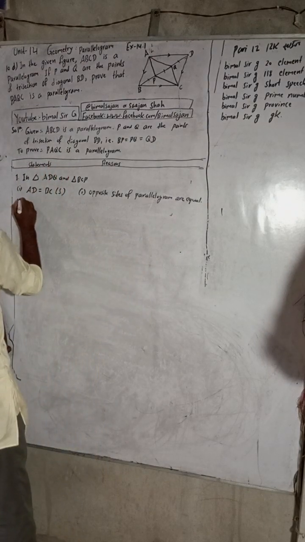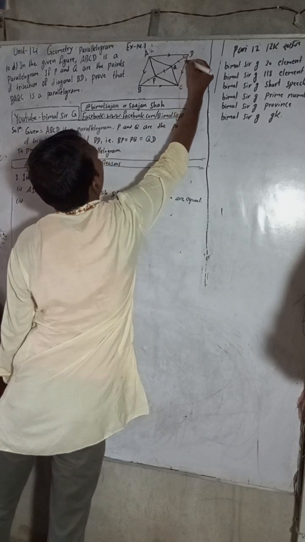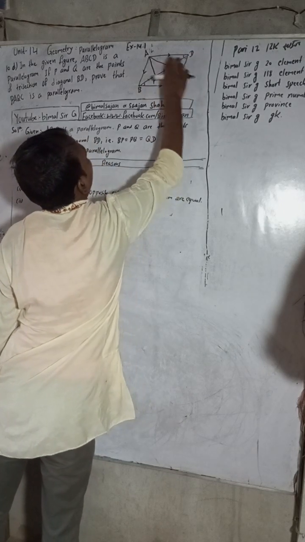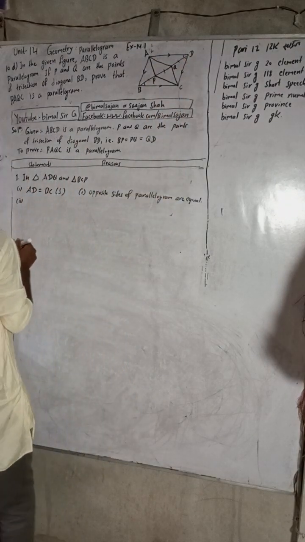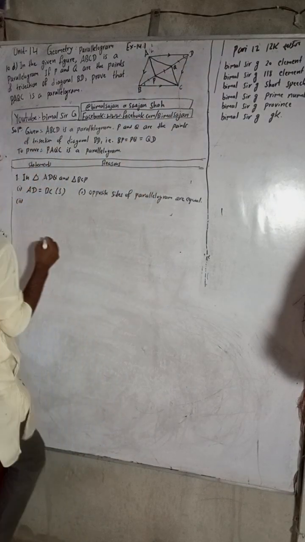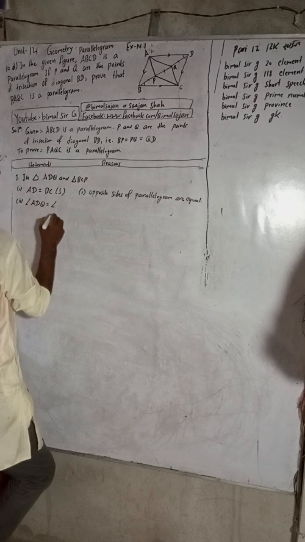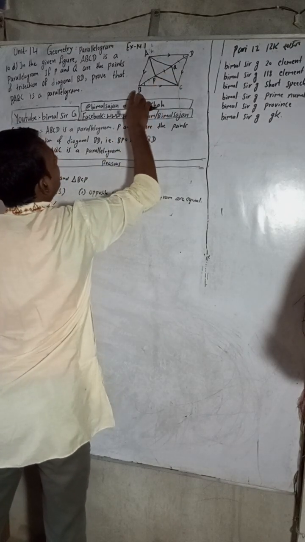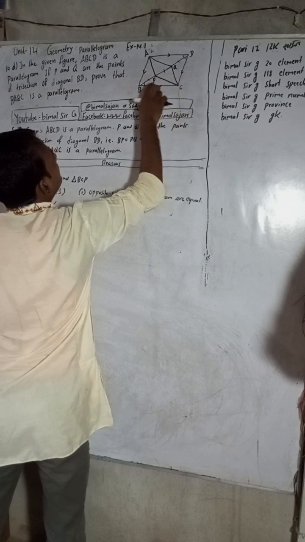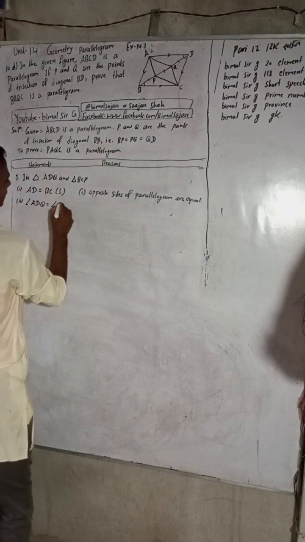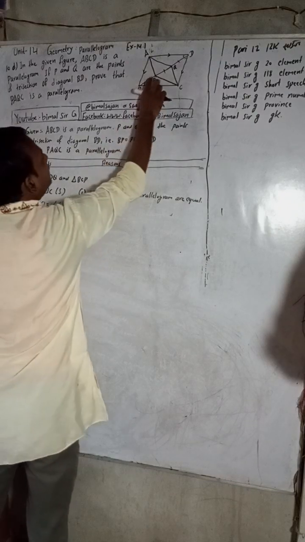Now number two: this side is equal to this side, and this angle is equal to this angle. Why? Because this is parallel to this, so this is an alternate angle. This angle is angle ADQ, and it is equal to angle CBP.